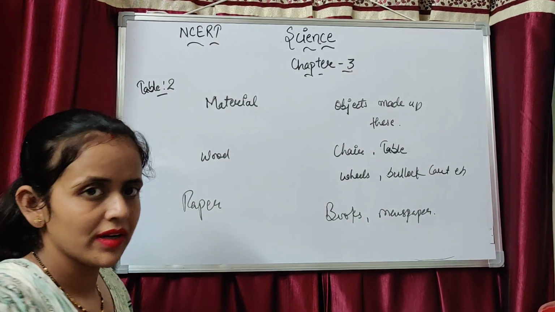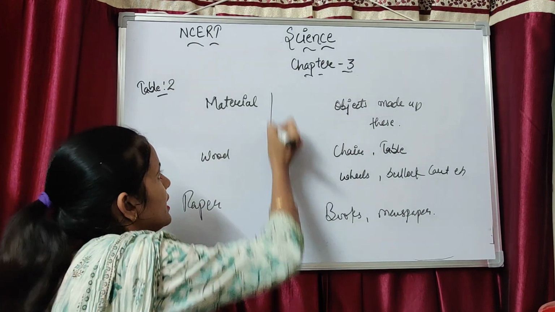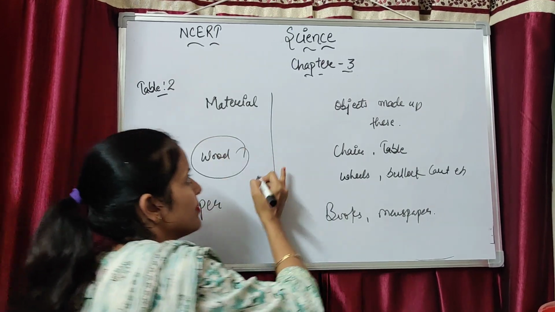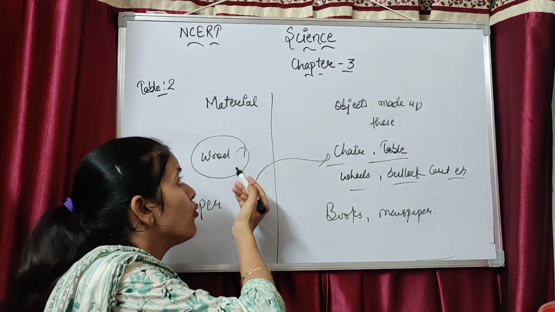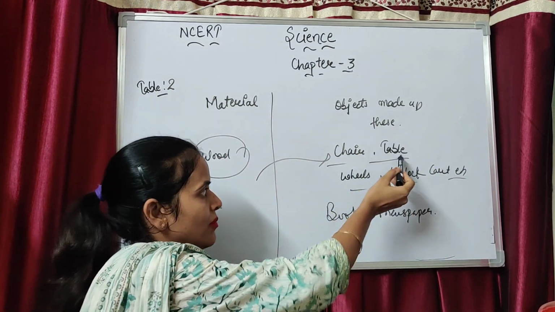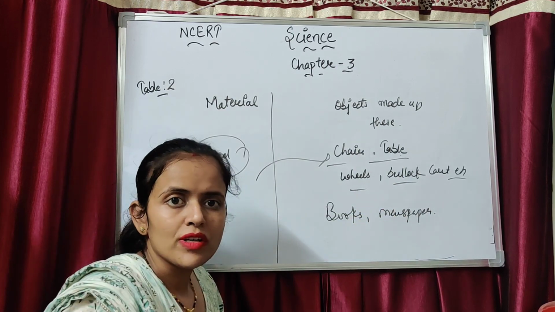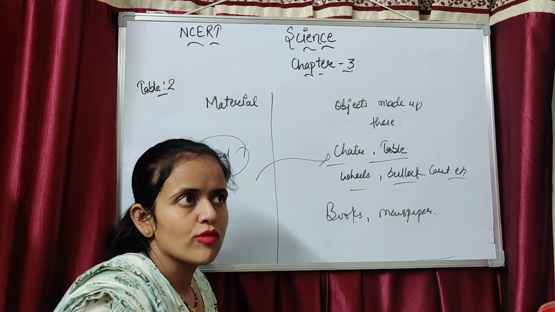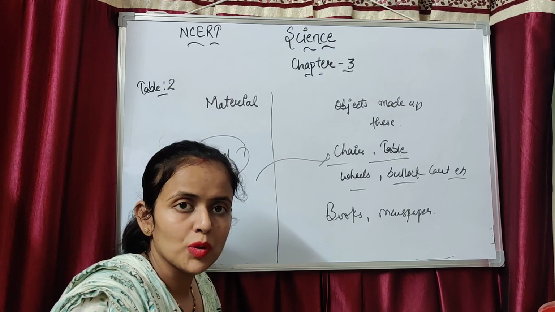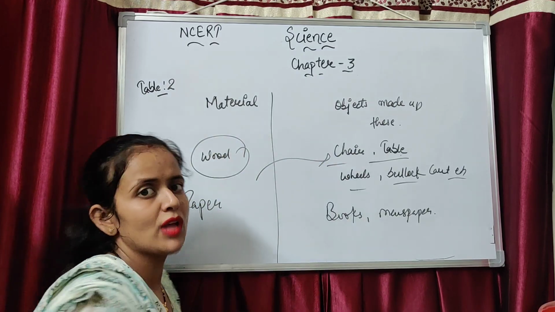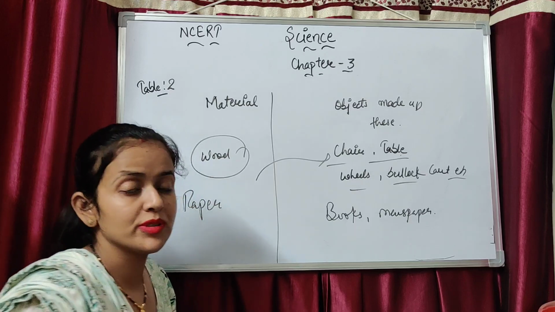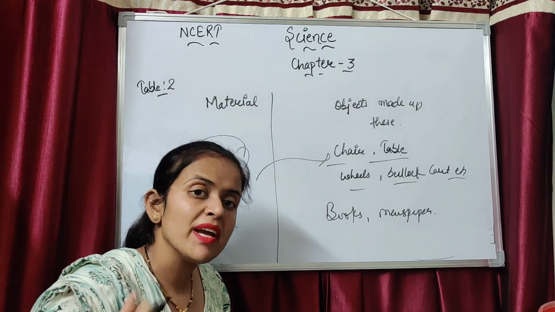From here I want to explain to you that the material is one and the objects are different, or you can say many objects. Wood can make a chair, table, wheel, bull cart, or you can say sofa, bed, doors, windows, many more things. So one material can make 1,000 objects, and one object can be made of many materials.